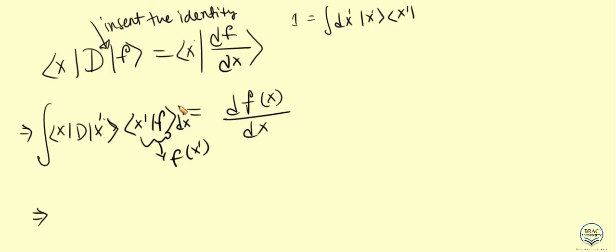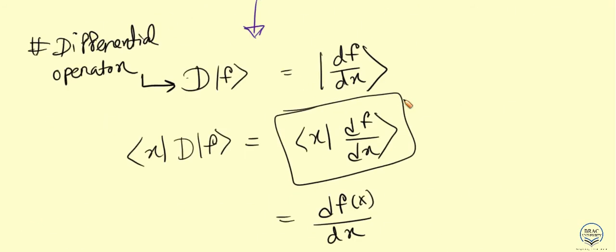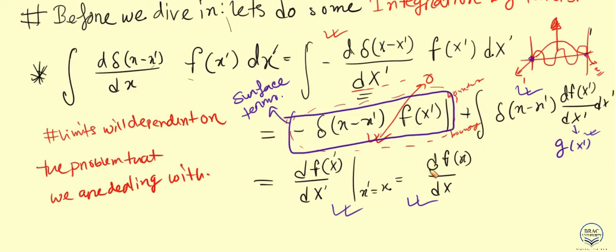And now you are going to compare this equation, let's call it equation 2, with equation 1 over here. If you compare these two equations, then you can easily see that this f of x prime can be written as <x'|f> like this, right?